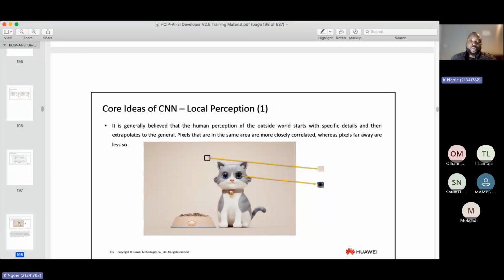CNN looks at each pixel and gets information about it, and the more information it gets about all the pixels, the machine can create a pattern and understand the relationship between these pixels to form the complete image.